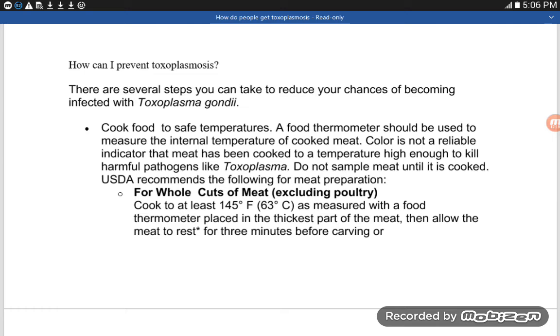A food thermometer should be used to measure the internal temperature of cooked meat. If we want to measure the temperature, we have to use a food thermometer. This is a food thermometer, made especially to measure the temperature of cooked foods, right?